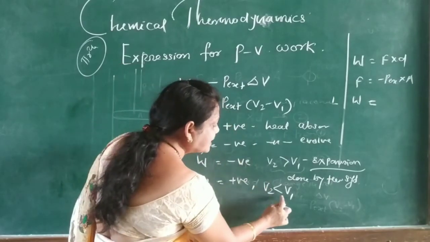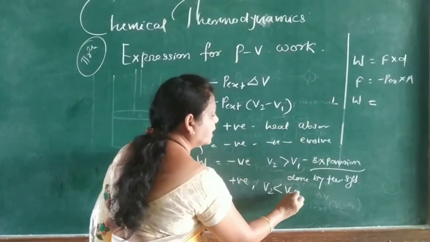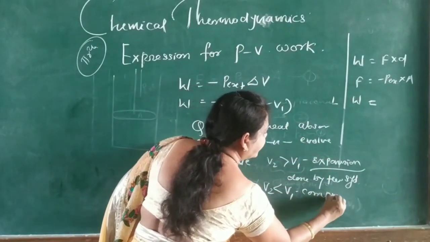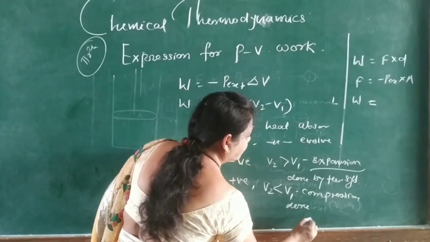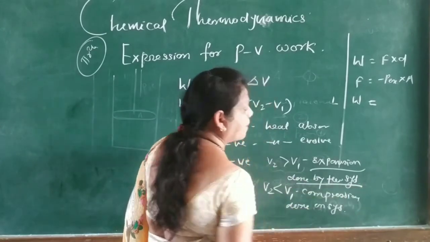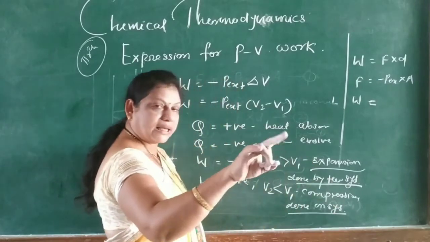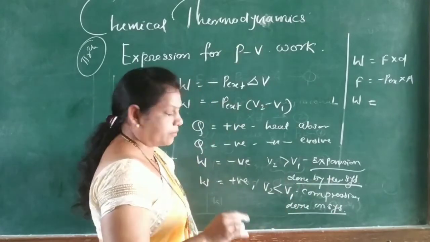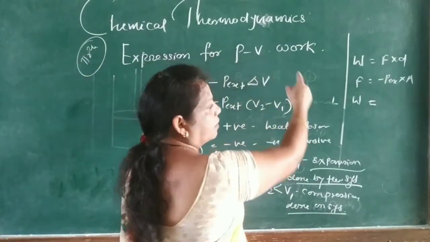If V2 is less than V1, the gas is compressed, so compression takes place and the work is done on the system. Here, work is done by the system on the surroundings. This is the expression for PV work.